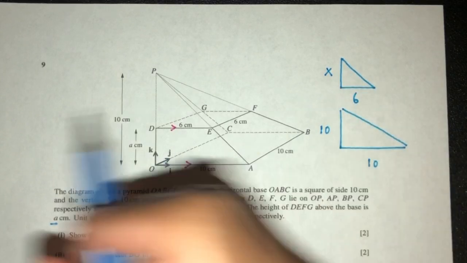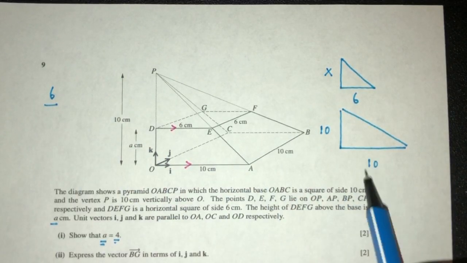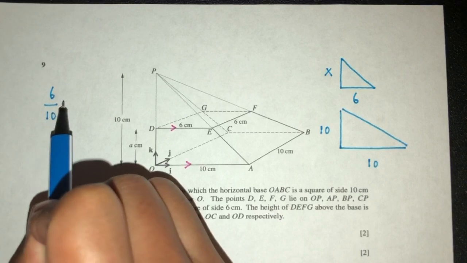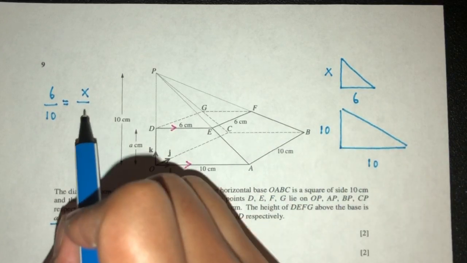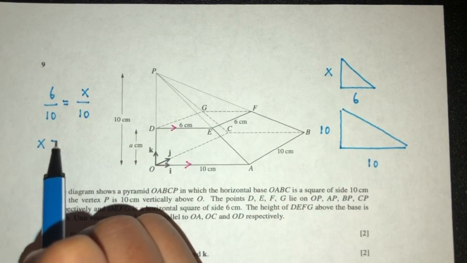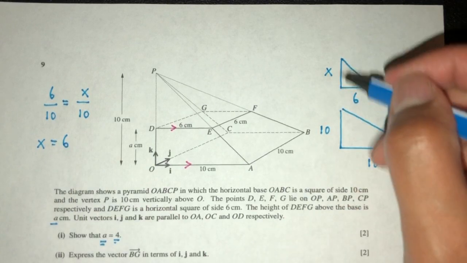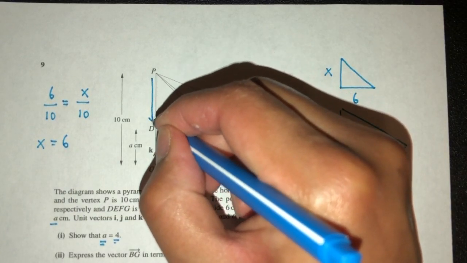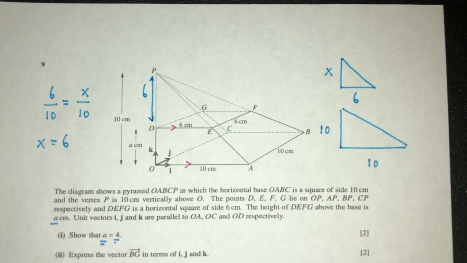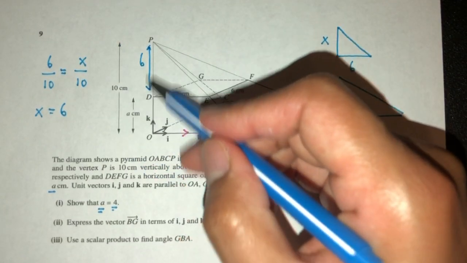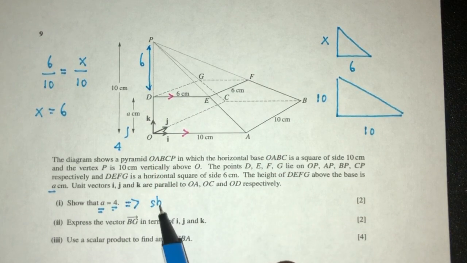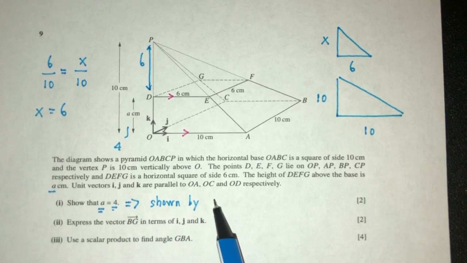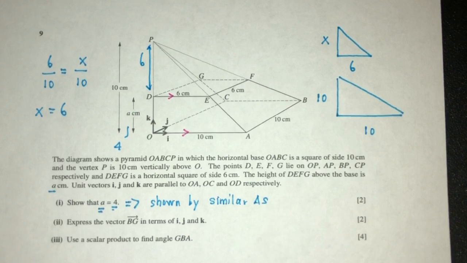If I take 6 over the corresponding side 10, it is supposed to give me this over the corresponding side as well, which means x will have to be 6. So obviously if the whole thing is 10, this is 6, this will have to be 4. So shown as required, shown by similar triangles. Okay, that'll be part 1 of your question.